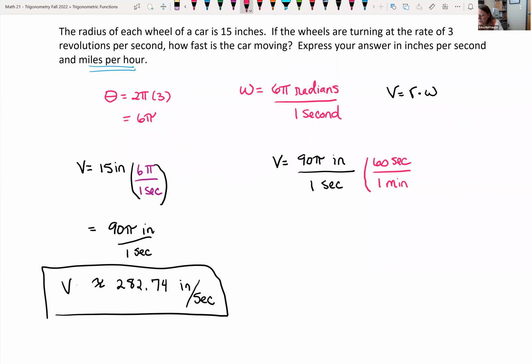That would get rid of our seconds, but we want hours, so there are 60 minutes over 1 hour. That would change our units from seconds to hours, but we also want to convert our inches to miles.